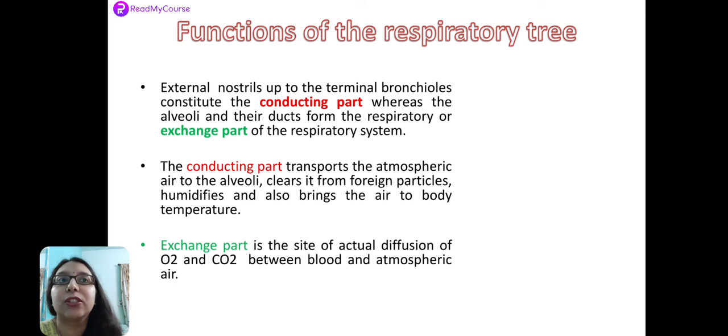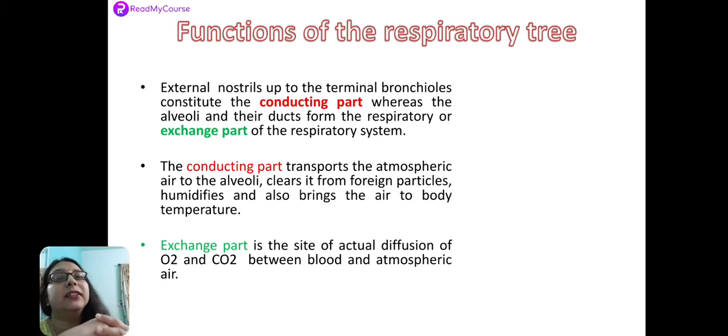So what are the functions of the respiratory tree? It has two parts, as we have understood. One is the conducting part and the other is the exchange part. The conducting part is from the external nostrils to the terminal bronchioles, and the exchange part is in the alveoli and their ducts. Now the conducting part, what is the main function? It transports the atmospheric air to the alveoli, clearing it of foreign particles.